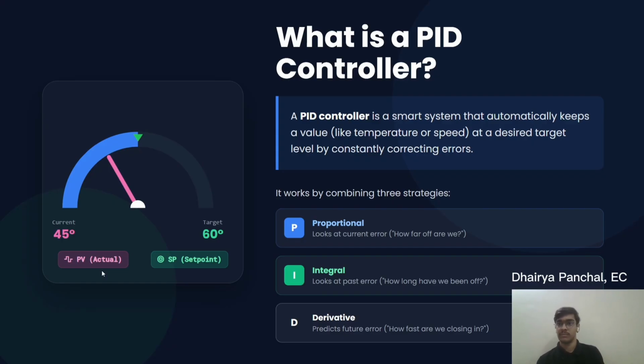For any system that we have, we can represent it as an input, system and an output, which is called a transfer function, the ratio of output to input, right? Any system tries to reach the set point, which is 60 degrees, and the current present value is 45 degrees.